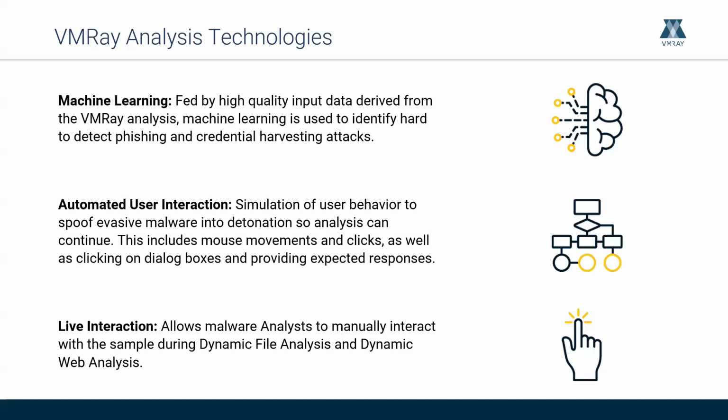But to continue on, where we help you with that is machine learning. We are constantly fine tuning our models and how we detect things in the wild, being able to identify phishing and credential harvesting and giving you that within the report. If this came to a Cloudflare page, for example, we look at the HTML and the CSS and look for keywords like click here next.